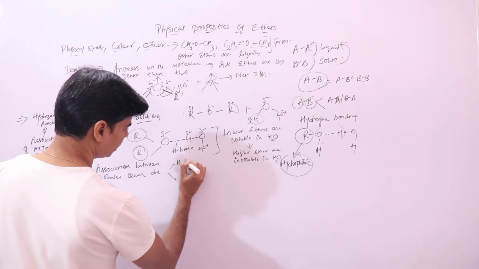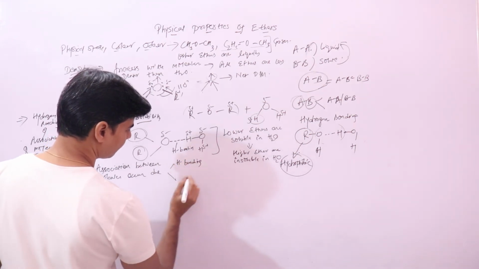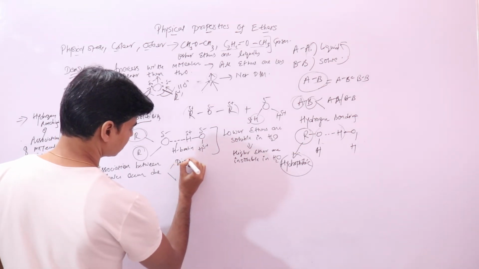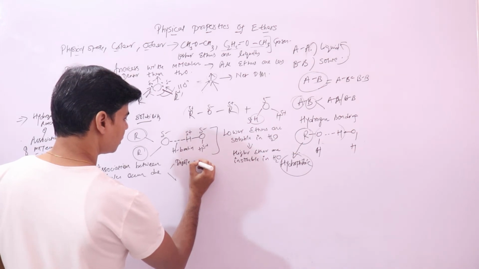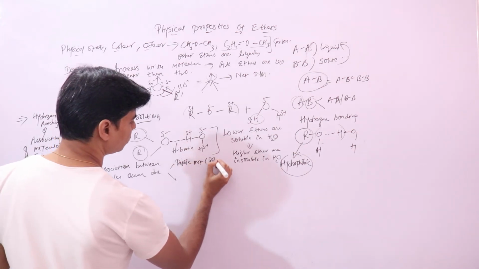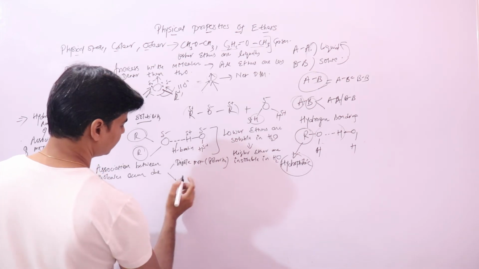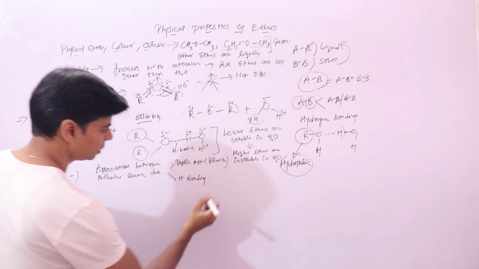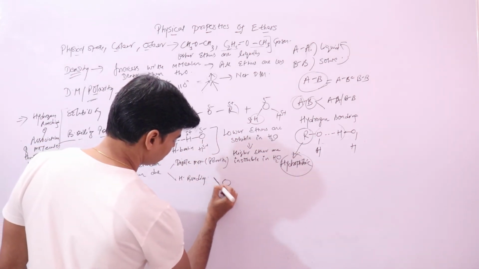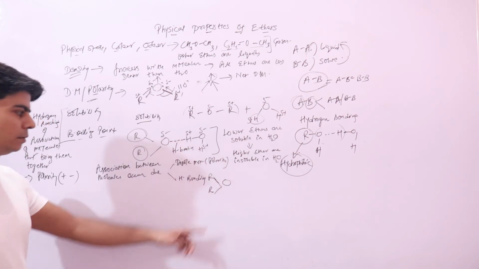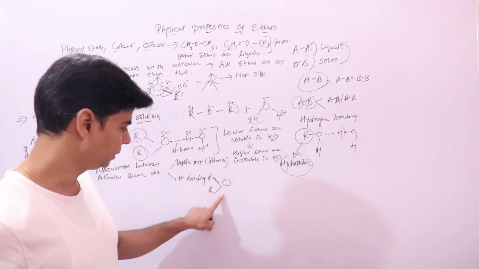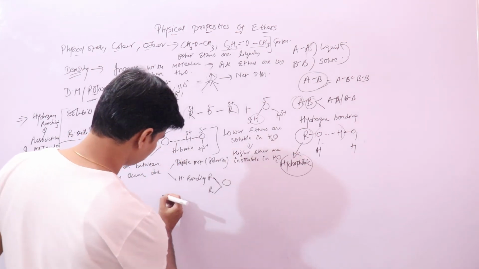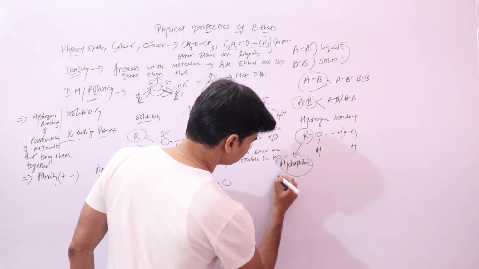First is due to polarity, right? Second is your hydrogen bonding. This is how these ethers look, right? We have no hydrogen atom attached to oxygen in ethers. Although if you just look at this, you have hydrogen atoms.